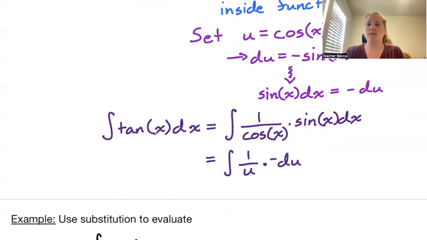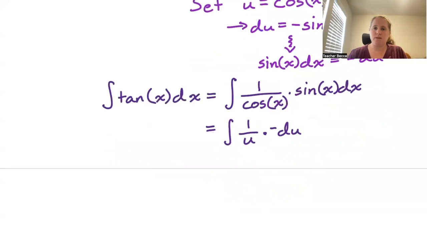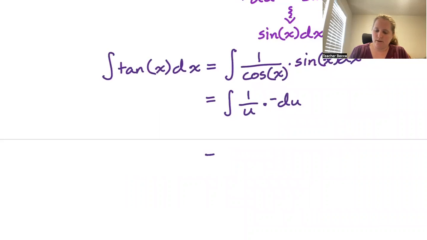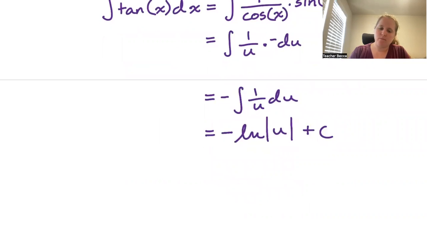I'm going to give myself a little bit more room here. This becomes negative the integral of 1 over u du. That, of course, is a known integral. So we get negative times the natural log of the absolute value of u plus c. At this point, we can go ahead and plug in.